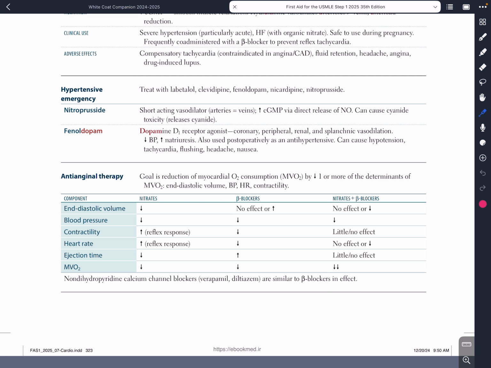So fenoldopam helps in lowering blood pressure, and it increases natriuresis. Natriuresis means you pee out sodium.